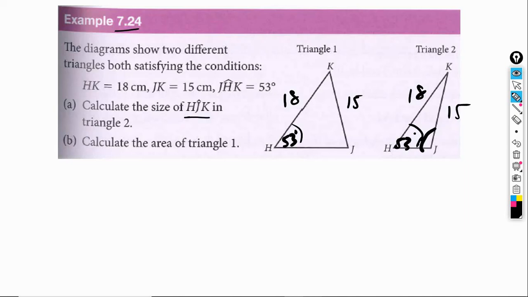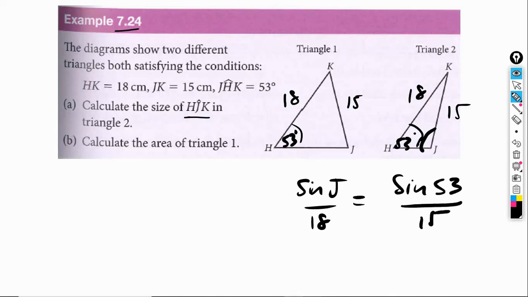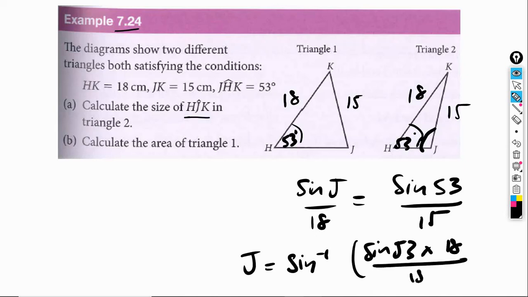Because we know that sine of J over 18 must equal sine of 53 over 15. And then J is just going to be equal to the inverse sine of the usual expression, right? So inverse sine of 53 times 18 divided by 15.